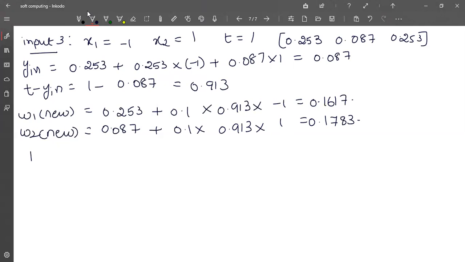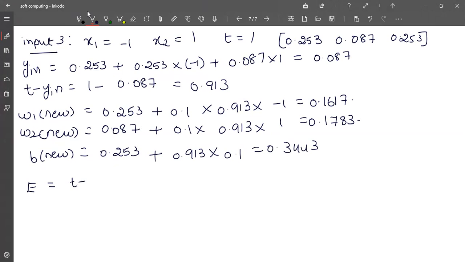Now new bias value: 0.253 plus T minus Y, 0.913, into alpha 0.1. So this is 0.253 plus 0.0913. So you will be getting 0.3443.